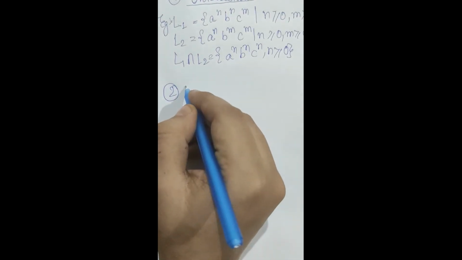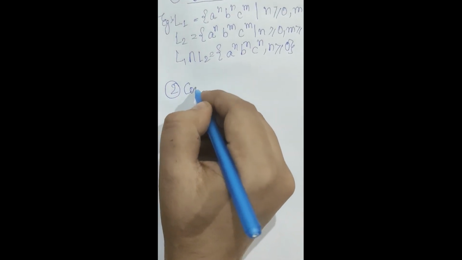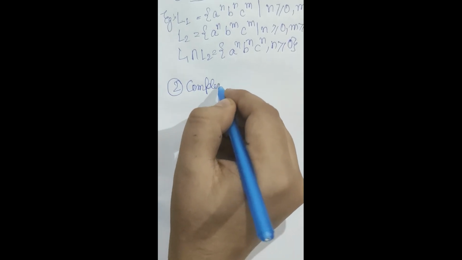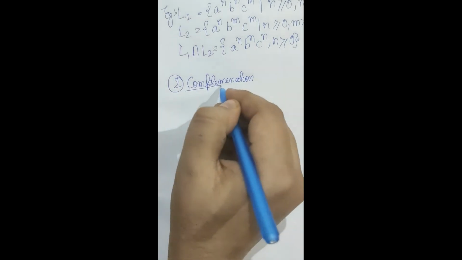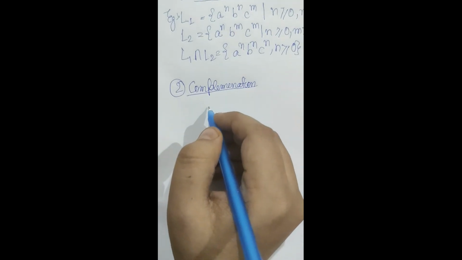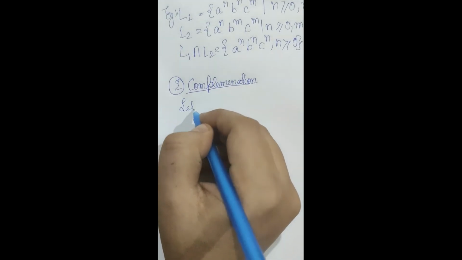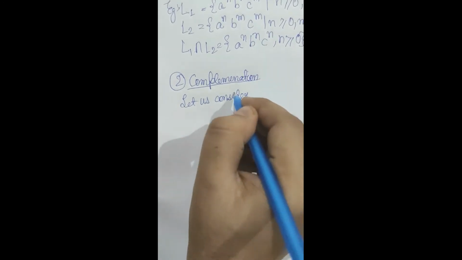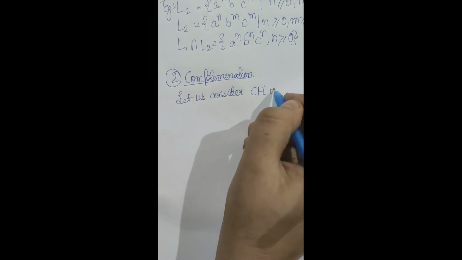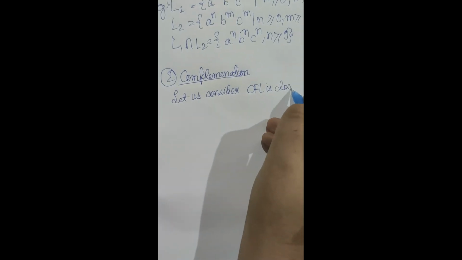The second property under which it is not closed is complementation. To prove this, let us first consider that CFL is closed under complementation.